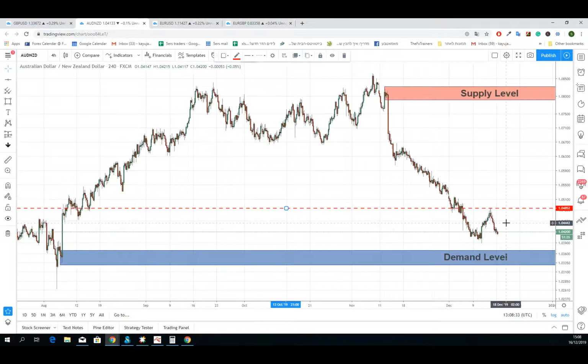Let's try to make it clear. If the price breaks out this resistance above, I won't wait for the price to come back to the demand at the bottom. I look for a new price action setup, something like a new demand or other signals to buy AUD NZD in order to continue with the price to the supply above. Of course, the supply above will be the target, and it can also be a great level for a new sell position.